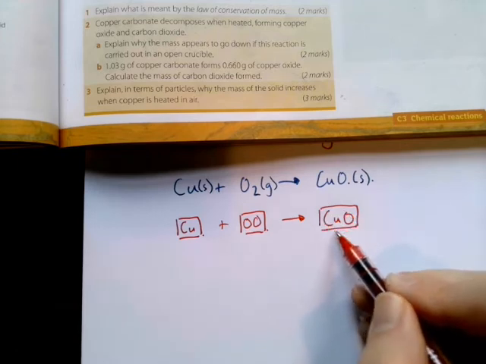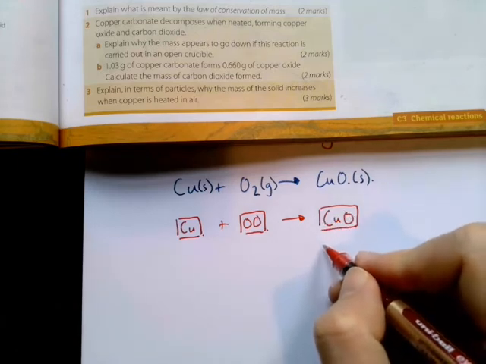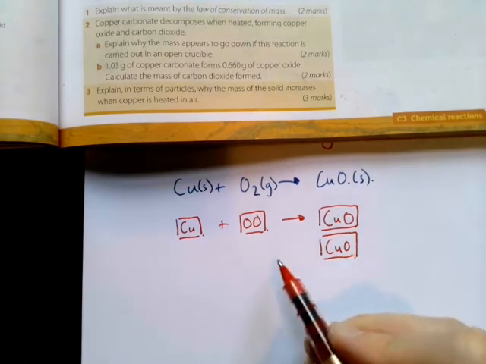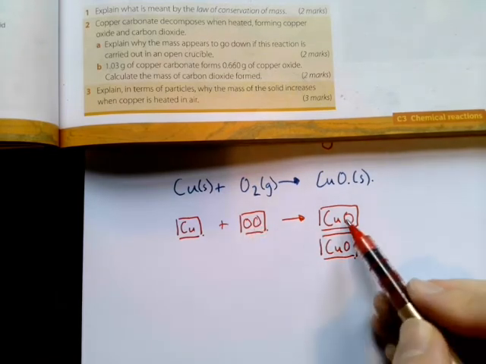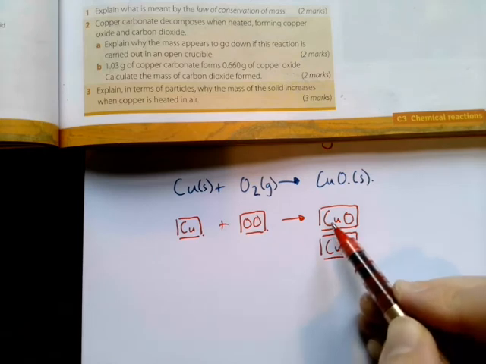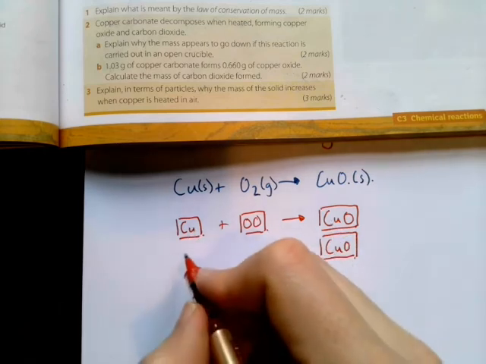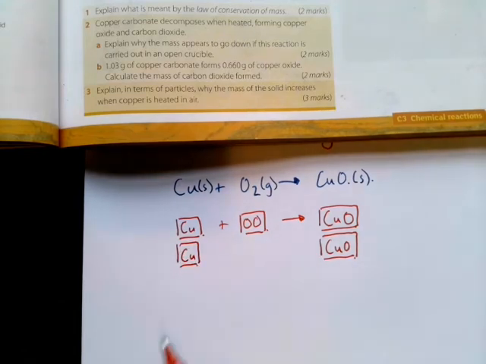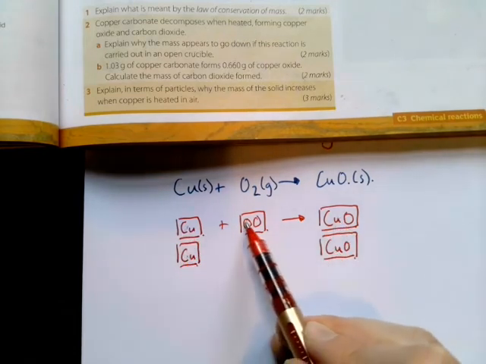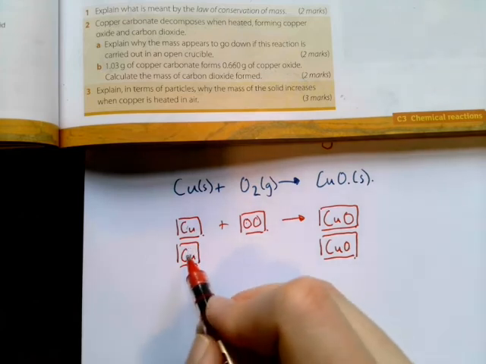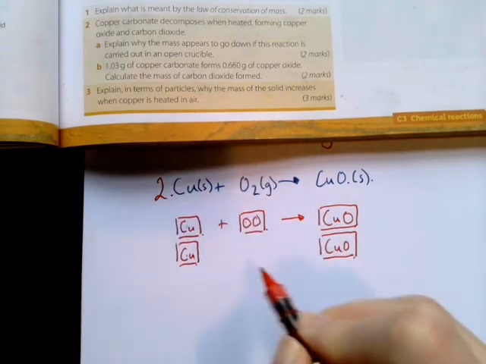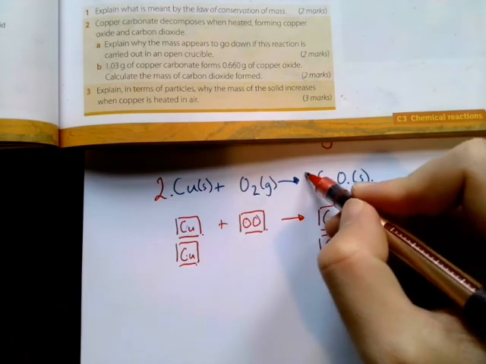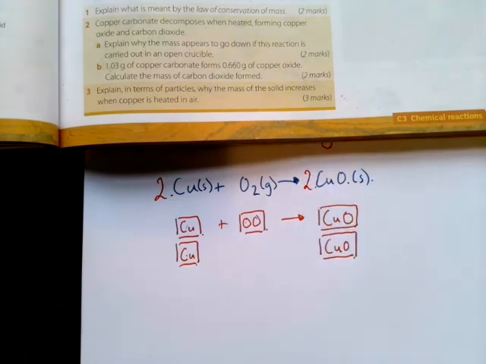Now I can't change the number of oxygens inside the box, I can only add more boxes. So now I've got 2 oxygens, 2 oxygens, but here I've got 2 coppers and here I've only got 1 copper. So I need to add another copper here. And now I'm balanced: 2 coppers, 2 coppers, 2 oxygens, 2 oxygens. I've only got 1 box here, so I just leave that. And I've got 2 copper oxides. So now my equation is balanced.